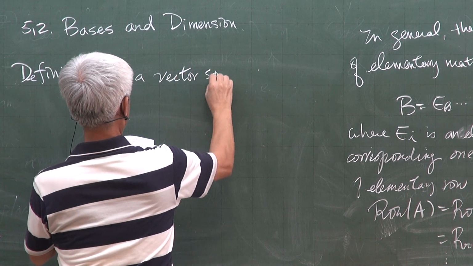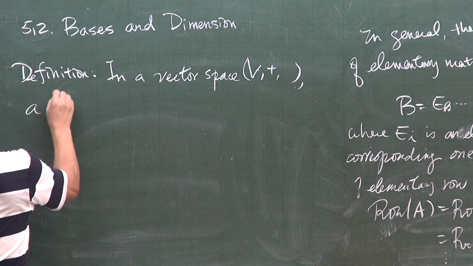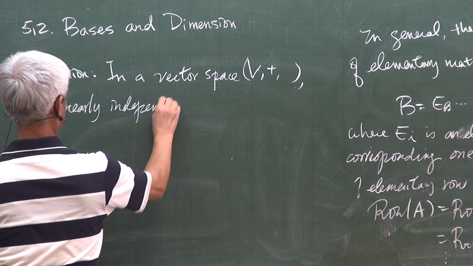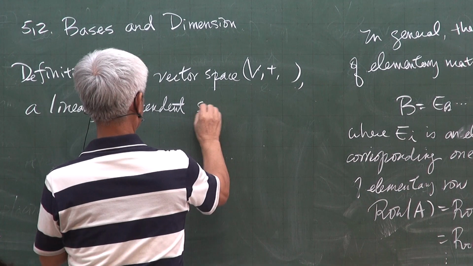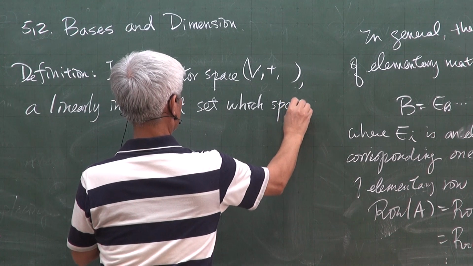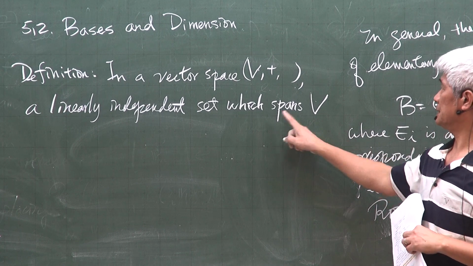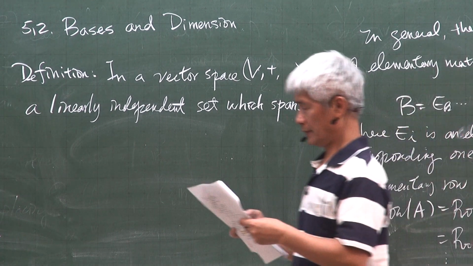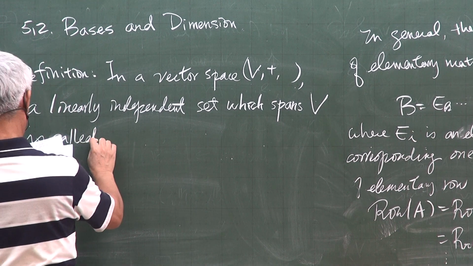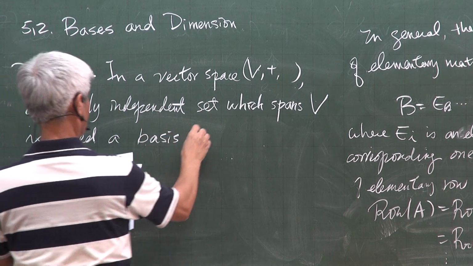In a vector space V, a linearly independent set which spans V, so a linearly independent set that spans the whole vector space, is called a basis for V.